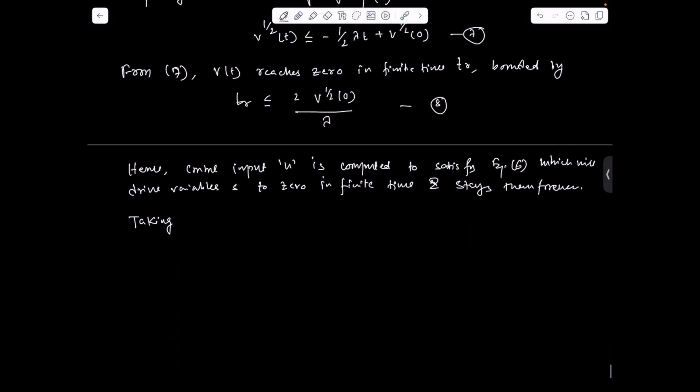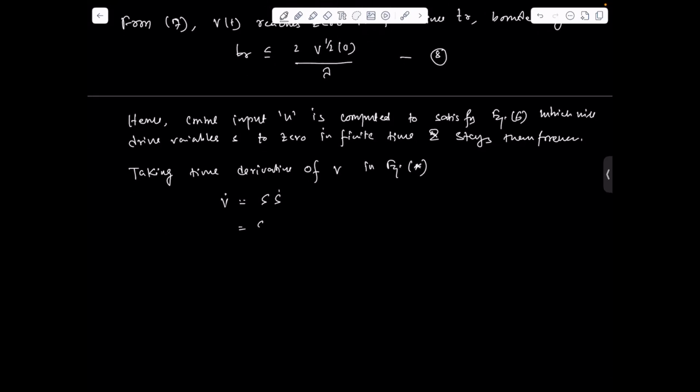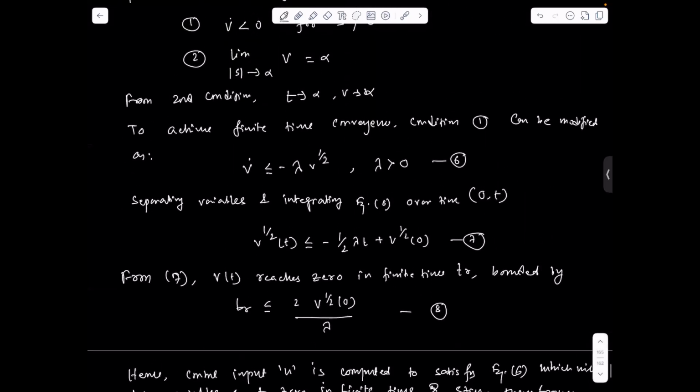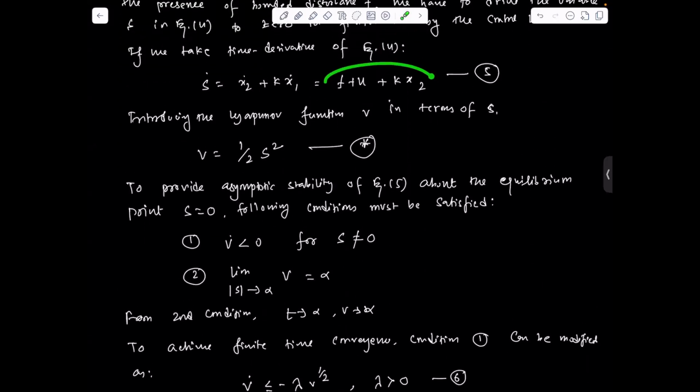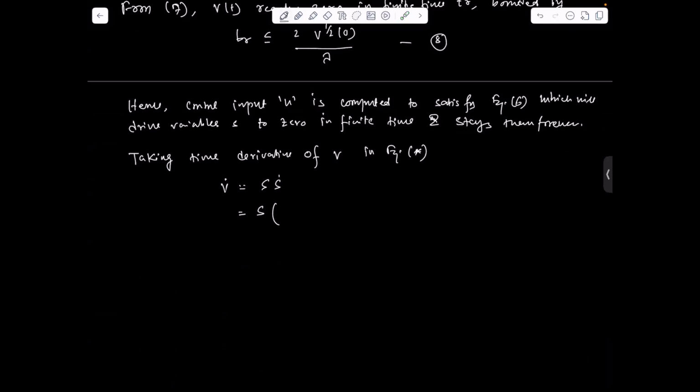Now taking the time derivative of V in equation star, we have V dot equal to s s dot, and s dot we can substitute with this expression, right? So we can write f plus u plus k x2.